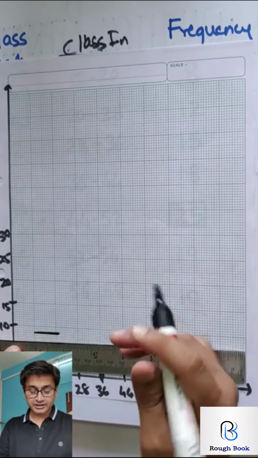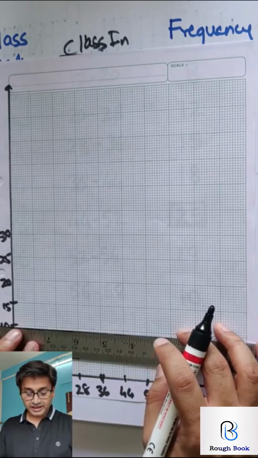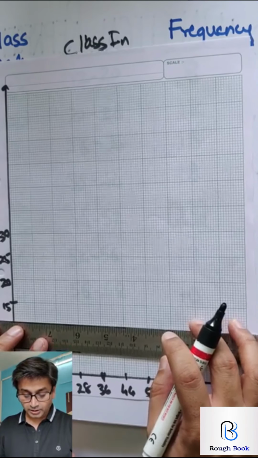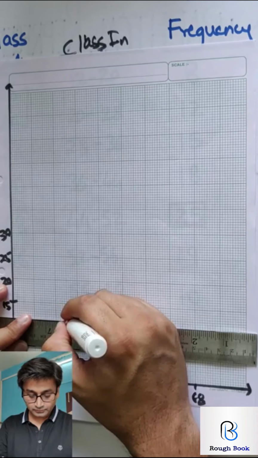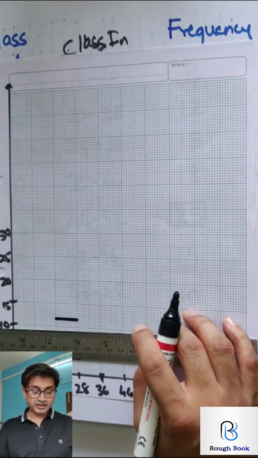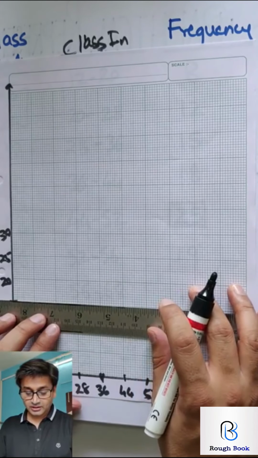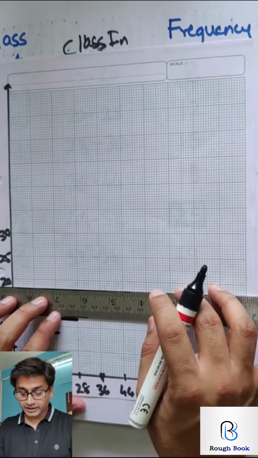So first I am hitting 8. Then the next one they said is 12. So 10 plus 4 lines. So 1, 2, 3, 4 lines and I will get 12. Further, the next one they said is 15 and then 18. So 15 and then the 18 line. So 18 again 4 lines down from 20.